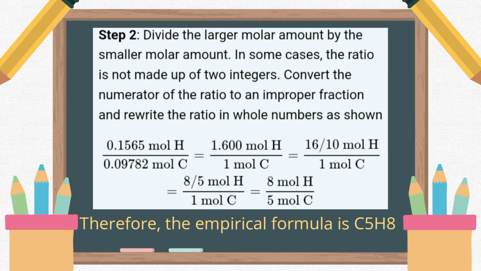So, ato ang i-divide ang 16 over 10 by 2. So, 16 divided by 2, that would be 8. And 10 divided by 2 is 5. Since whole number naman siya, ang 8 ug ang 5, no need na nato siya i-simplify into its lowest form.